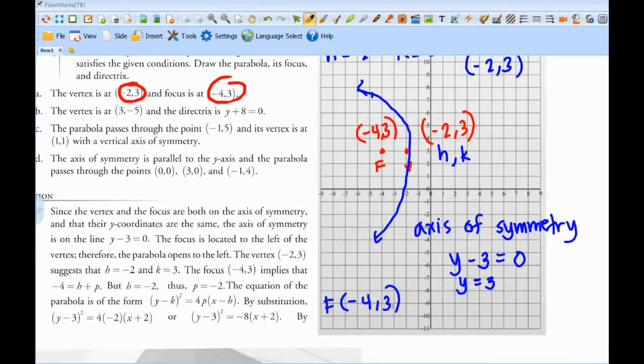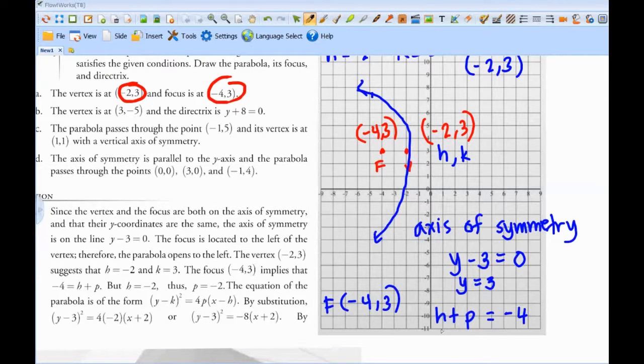So what is the formula for our focus? The focus is h plus p, right? So h plus p. But what is the value of the first? H plus p is equal to negative 4. So therefore, we have the h value. What's the h value?